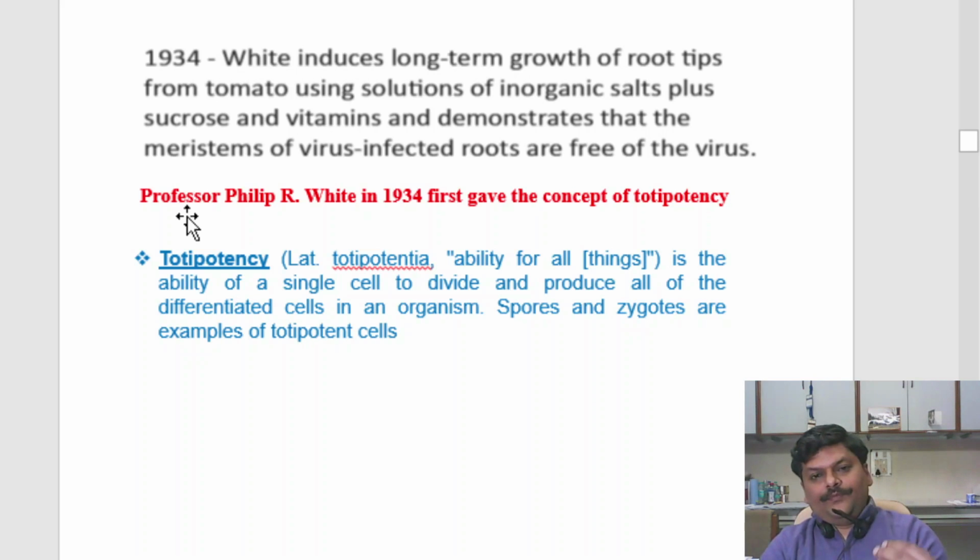In general, taking a plant cell, isolating it, and providing the right nutrition, conditions, and growth hormones, it can be developed into a whole plant or a bunch of whole plants, maybe a few hundred plants. This is the concept of plant cell totipotency. In natural conditions, it also happens all the time in the form of spores and zygotes. Spores and zygotes are unicellular initially, and then they develop into an embryo or the whole plant.